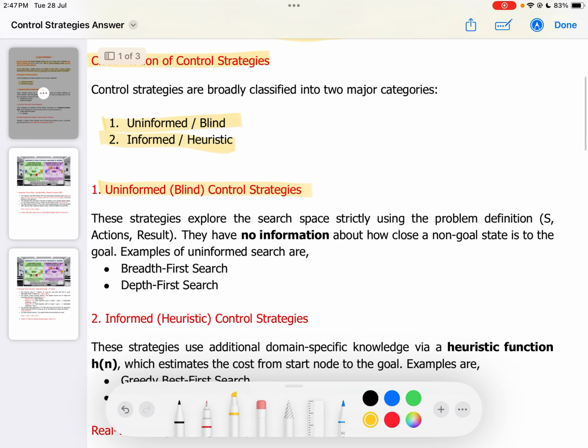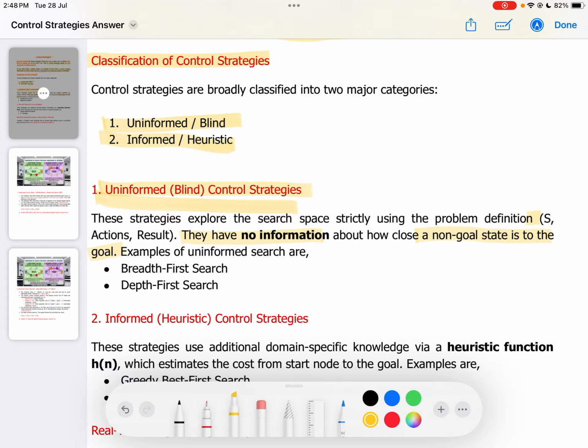The uninformed control strategy doesn't have any information about the end goal. If you are in a current state, you don't know where the end goal is. That is the key. How much distance there is from the starting point to the end point is not known in this uninformed or blind control strategy.